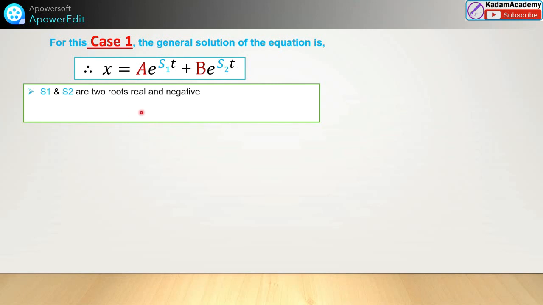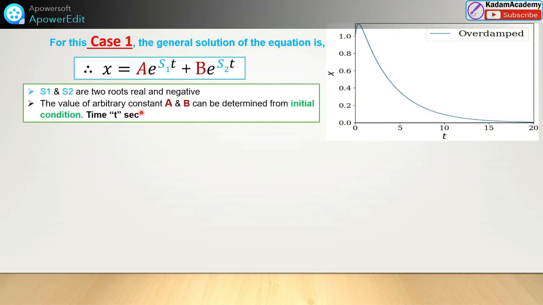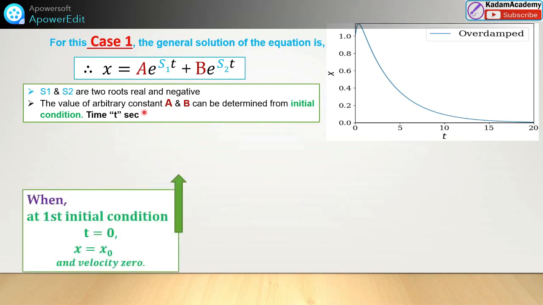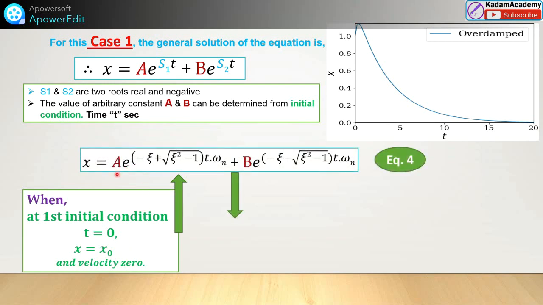In the equation x is equal to a into e raised to s1t plus b into e raised to s2t, s1, s2 are the real negative roots, and t is the time. For the first initial condition, when t is equal to 0, x is equal to x naught, the initial displacement, and we consider the velocity to be 0 at that time. Putting these values in the equation, we get x naught is equal to a plus b.